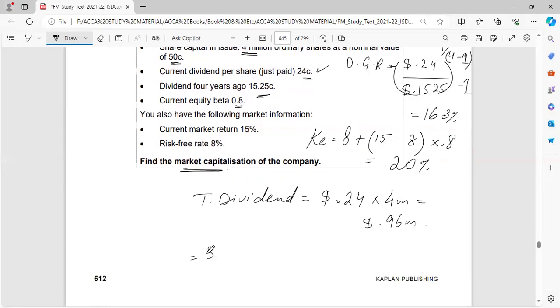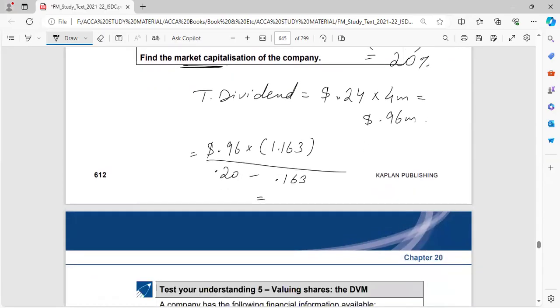Now 0.96 into 1.163 divided by 0.20 minus 0.163.